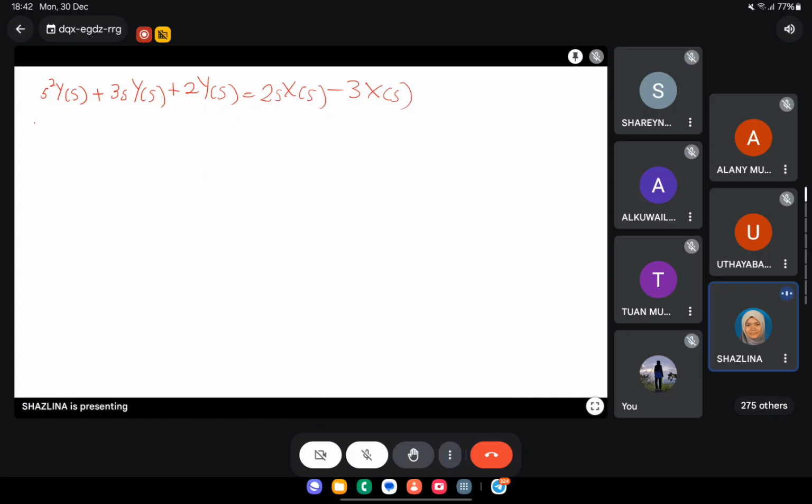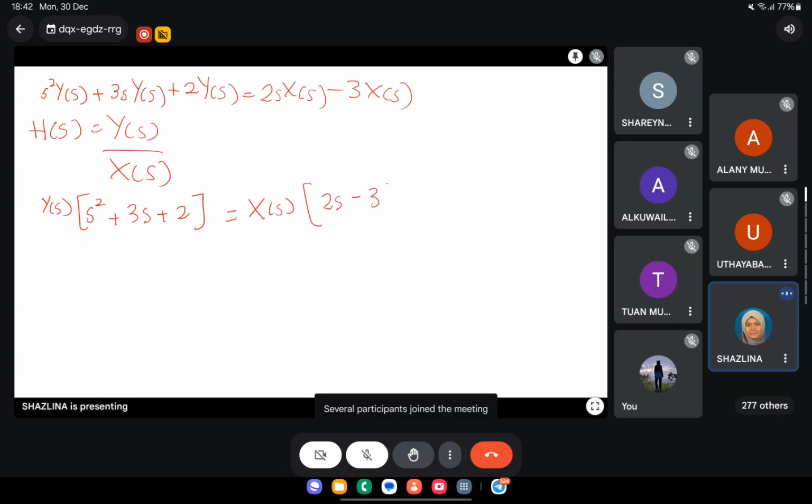Okay, you want the transfer function H(s), which is Y over X. So you factorize the Y(s) at the top: s square plus 3s plus 2 equals, and you factorize X(s), which is 2s minus 3.